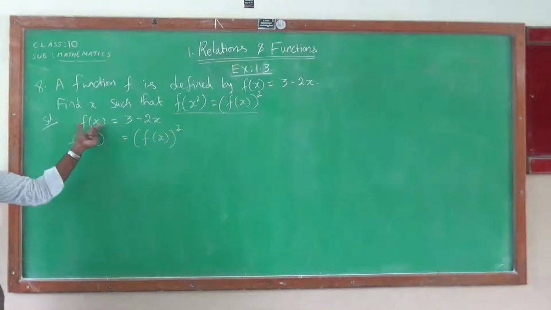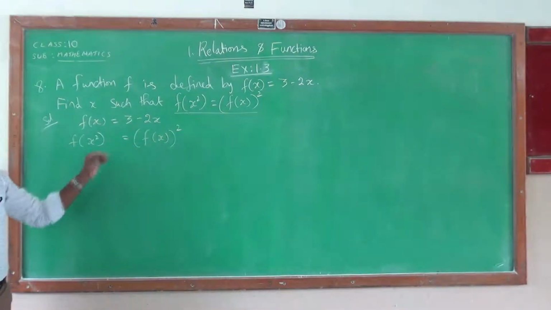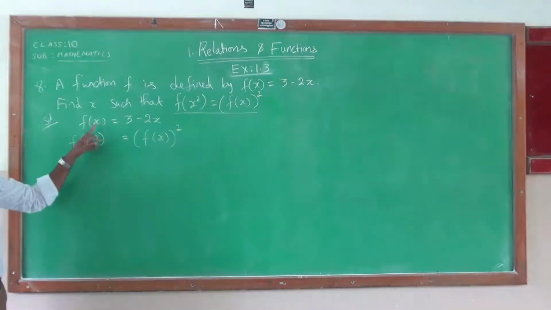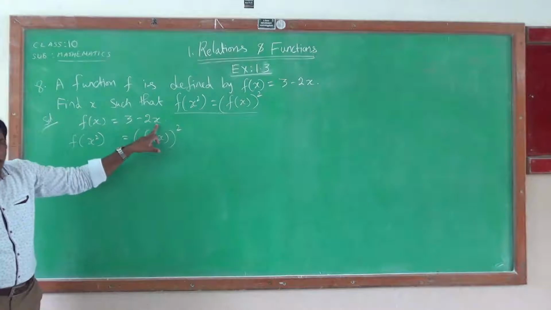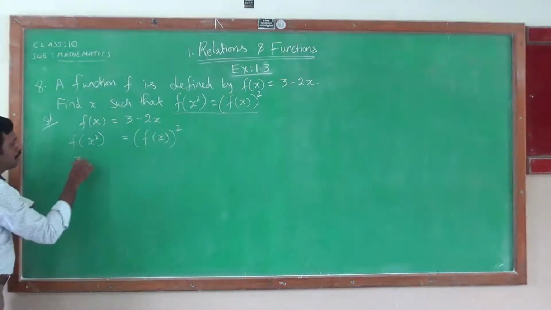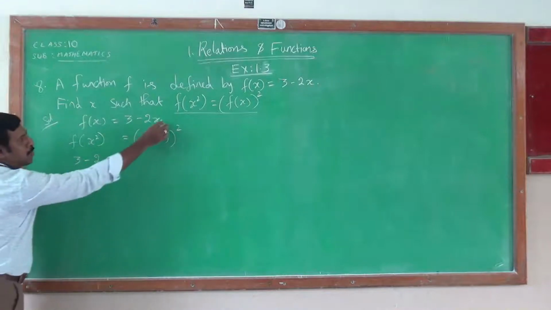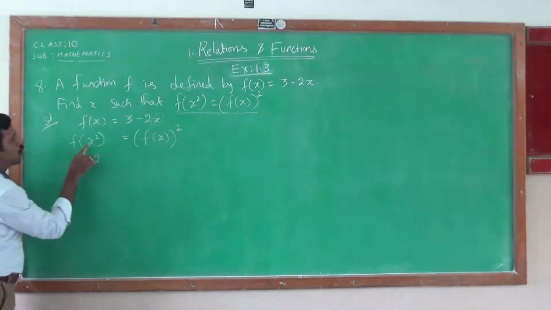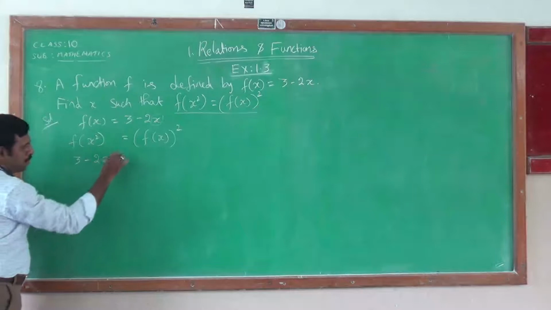See, this is the given function 3 minus 2x. Next we want to find out that in the place of x I am going to replace the value x square. So here in the place of x we have to square the term. So we get the value 3 minus 2, in the place of x only I am going to replace x square.